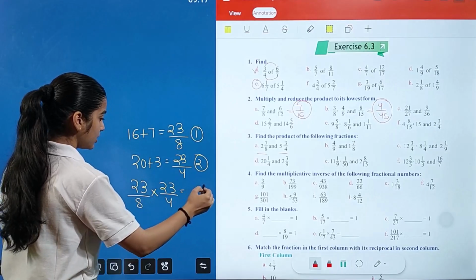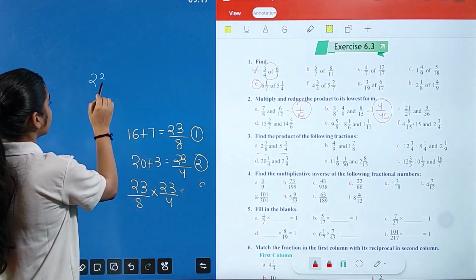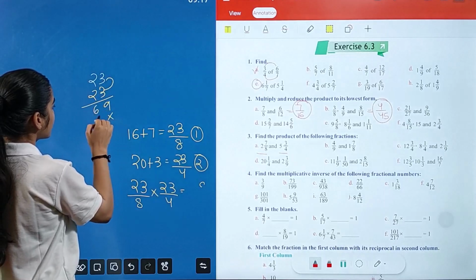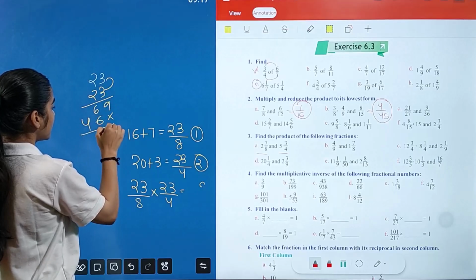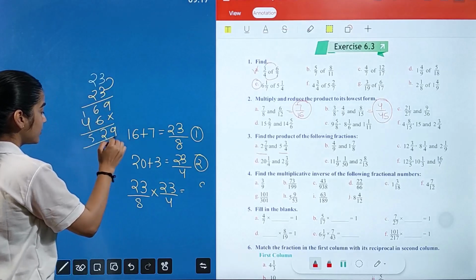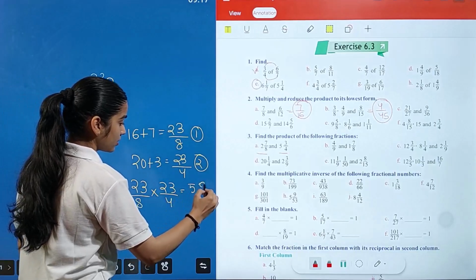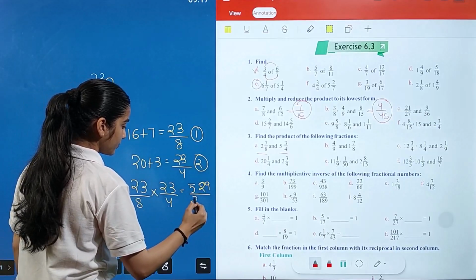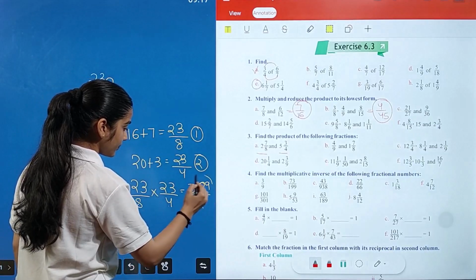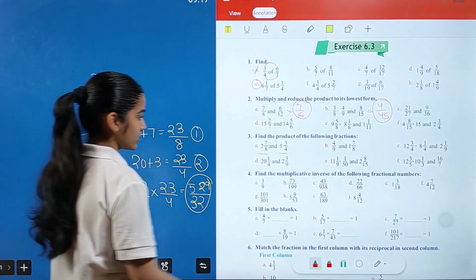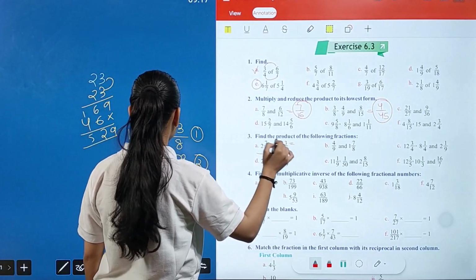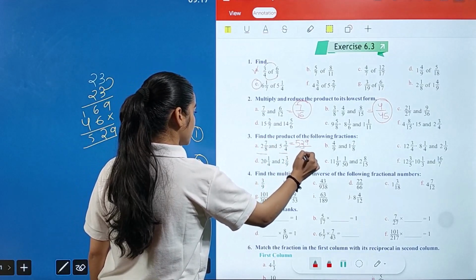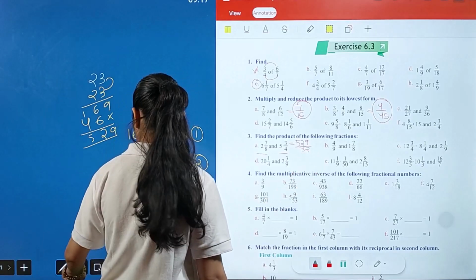So 3 3s are 9, 3 2s are 6, 2 3s are 6, 2 2s are 4, 529 upon 8 4s are 32. This is your answer, okay, for this. 529 upon 32. Now we move forward to next question.